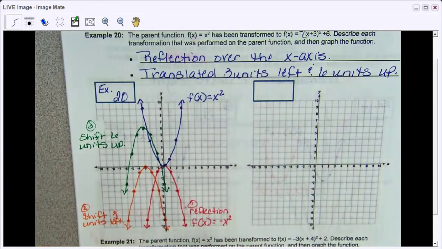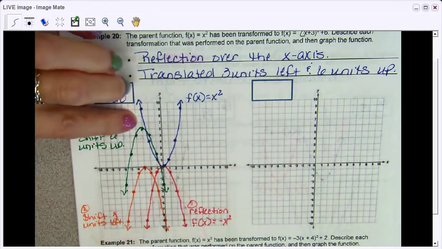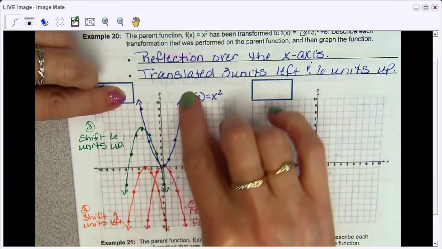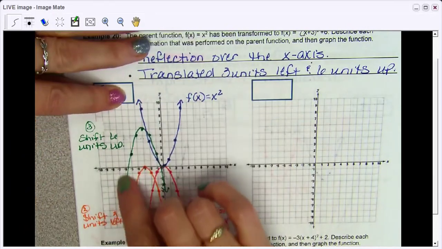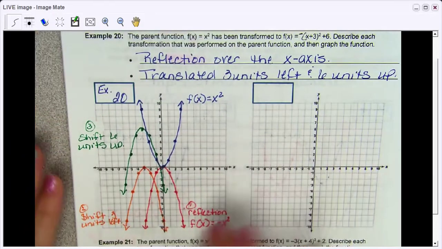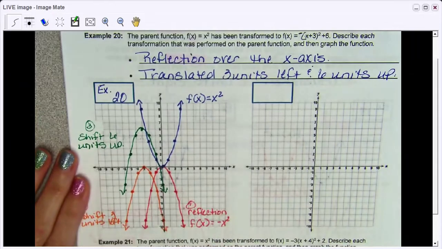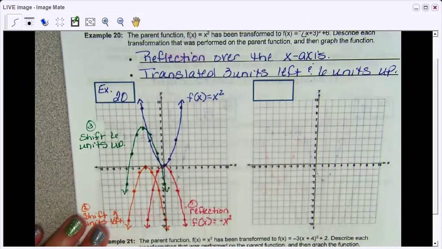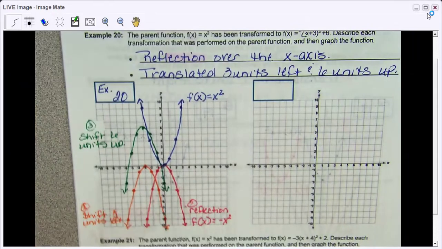Now, if you don't do it in this order, that's fine. You should still end up with the same final parabola. So this right here was your parent function in blue, and then in green, that should have been your final parabola. So if you don't do all of them, that's fine, as long as you have the parent and the final. Okay. All right, so hold on just a second.